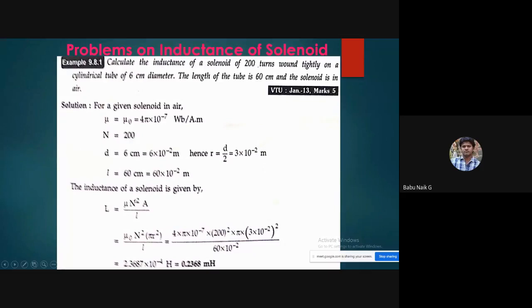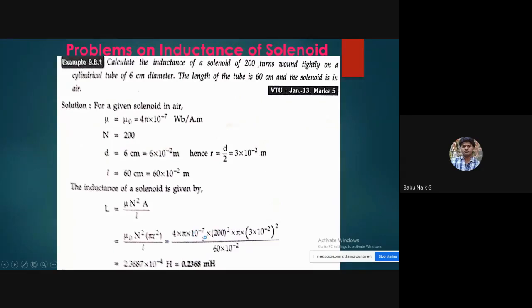The denominator requires the length, which is given here. Convert this completely into meters. After converting and calculating the radius r, you can find the inductance: mu naught n square pi r square over L.